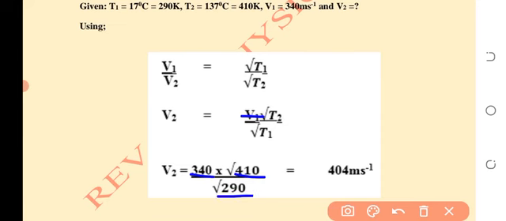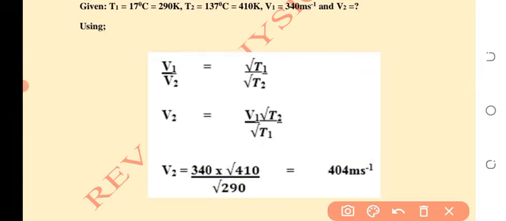Mathematically, this will give us 404 meters per second. That is the speed of sound in air at temperature 137 degrees Celsius, which is also equal to 410 Kelvin, is equal to 404 meters per second.